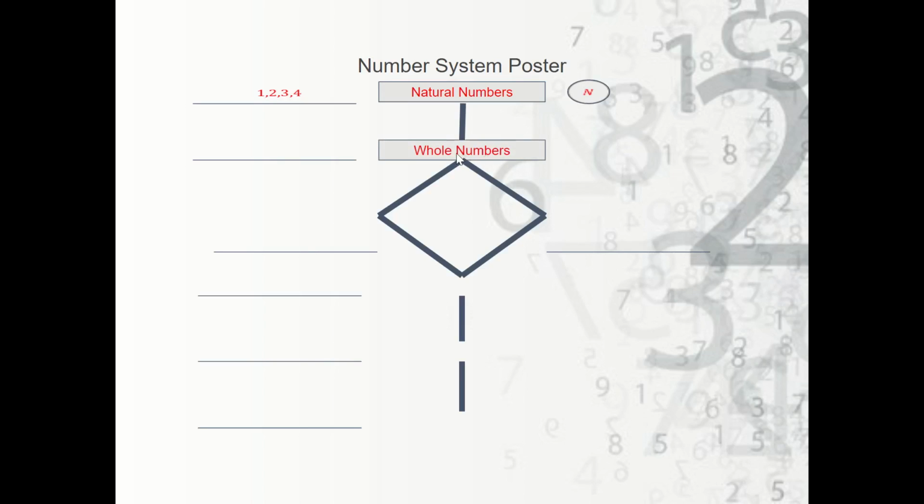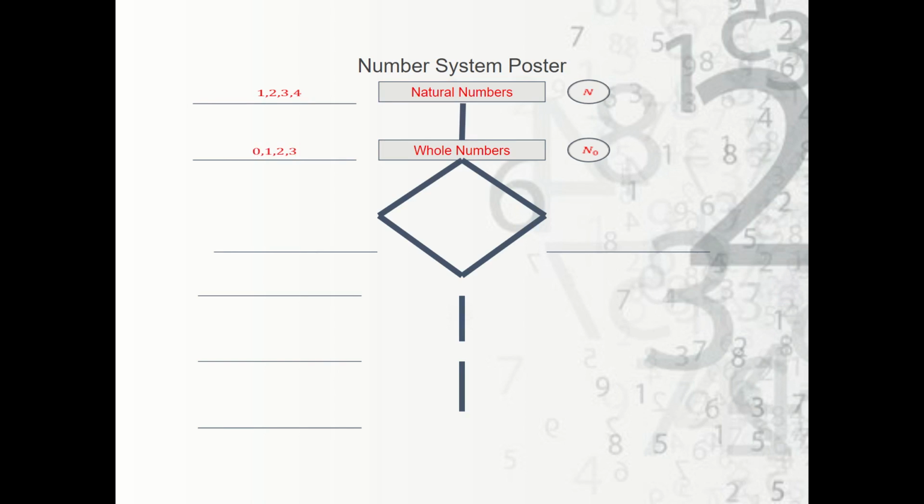And we call that whole numbers. Whole numbers are N with the little subscript of 0. So what that means is the natural numbers plus 0. So that's what we learned. We learned that there are natural numbers and then we learned there's 0. So examples of this would be 0, 1, 2, 3, 4, 5, etc.